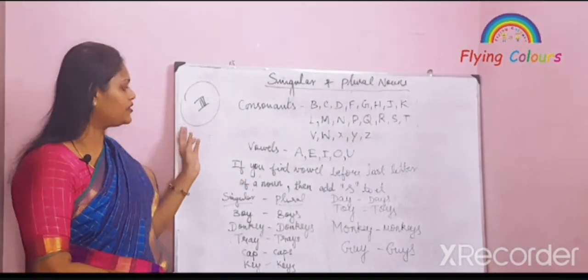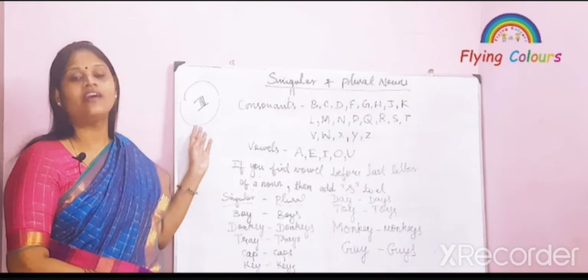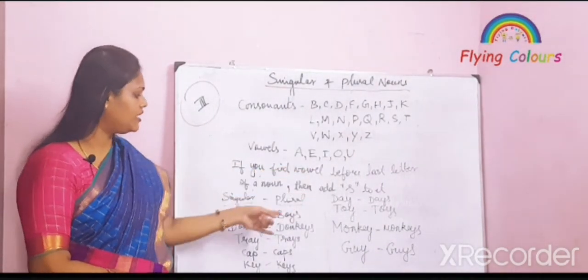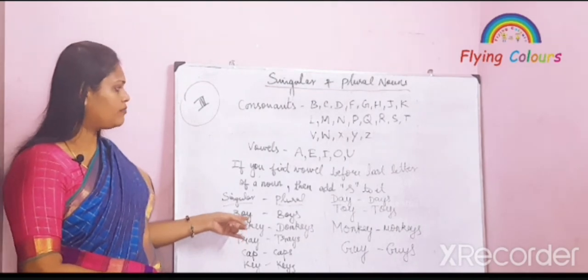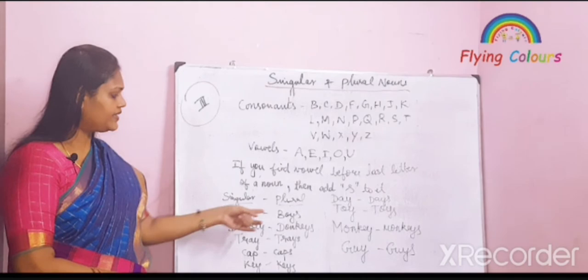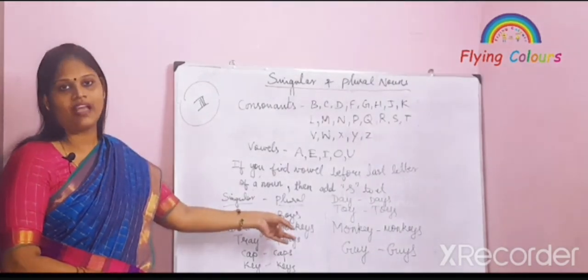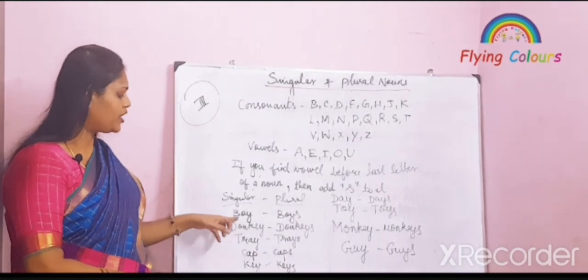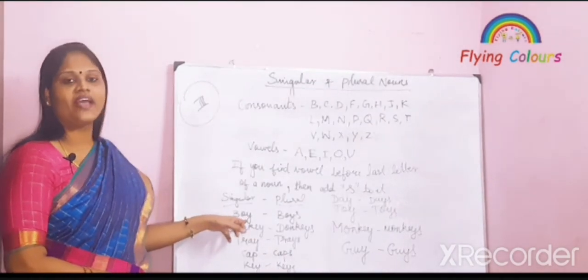Now I am going to teach you the third concept of singular and plural nouns. If you find a vowel before the last letter of a noun, you can add s after that. For example, B-O-Y, boy. Where is the vowel?